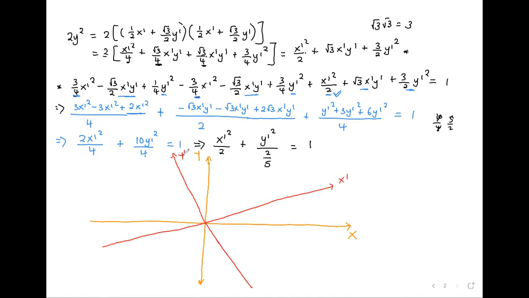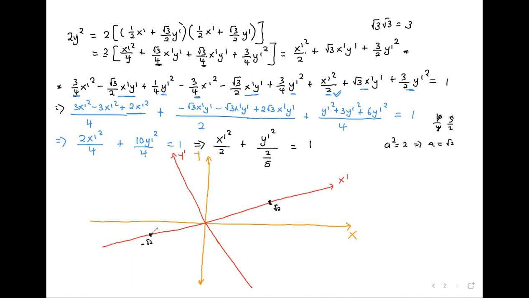As you can see here, A squared is equal to 2, the bigger one, so that A is equal to the root of 2. So we have the root of 2 here. This is the vertex, and the negative root of 2 is also a vertex.